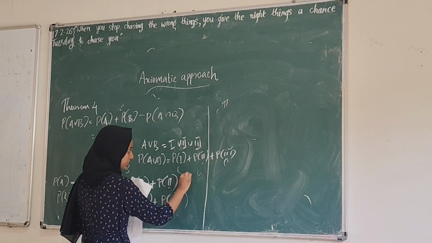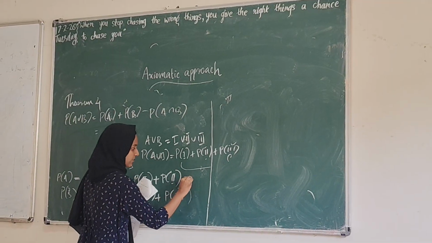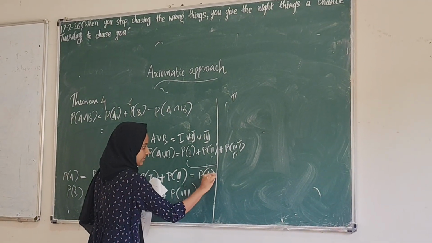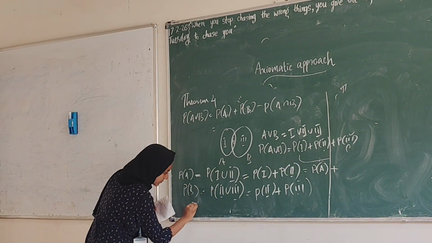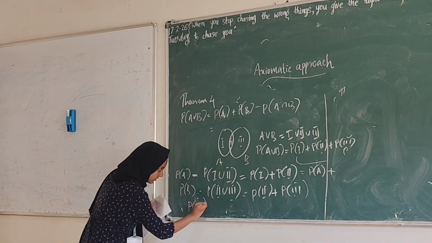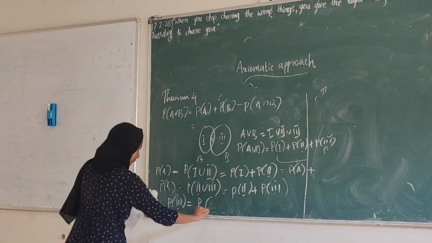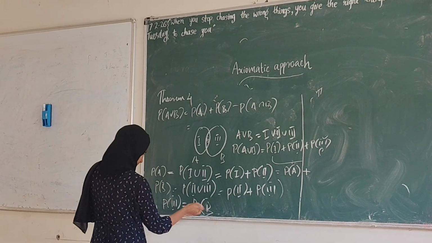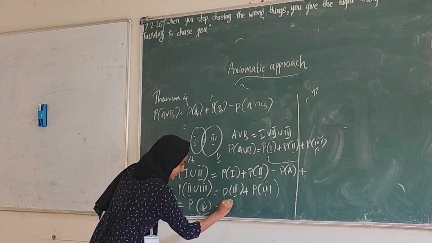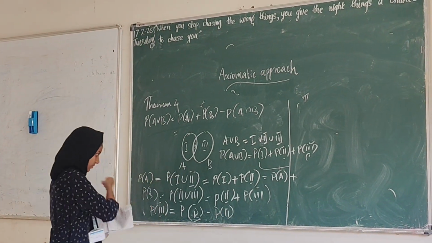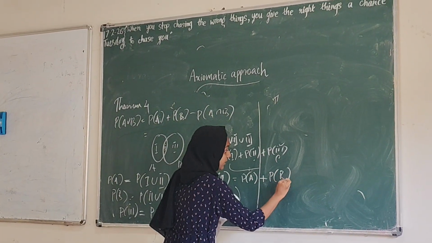So P of 1 plus P of 2 is equal to P of A, and P of 3 we want to find from here, that is equal to P of B minus P of 2.